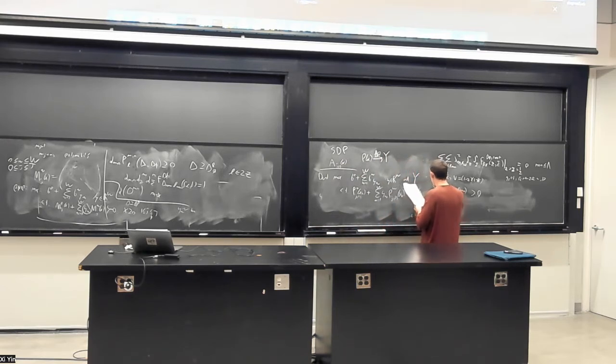So this A, remember, is the matrix which allows you to go from a polynomial to a constant matrix Y. And Y is then itself semi-positive definite as a matrix.